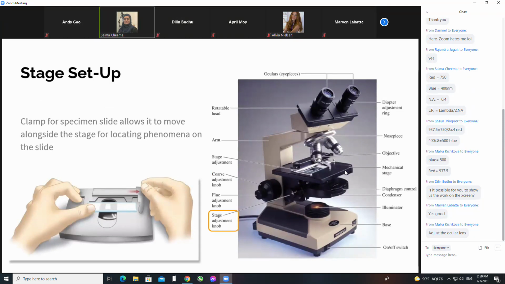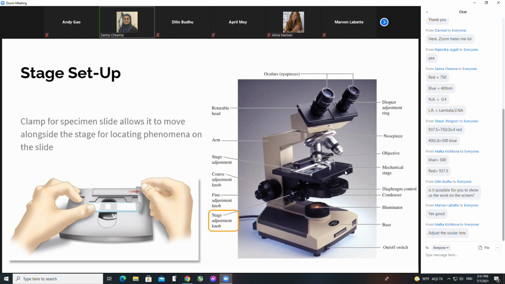Yes, April. I was just going to ask you about the stage adjustment knob. Okay, yes, so the stage adjustment knob basically allows you to, I'm trying to figure out if this is the one that helps you move the slide around. I think that's the one. So the stage adjustment knob is going to help you move the slide without having to manually push it around.